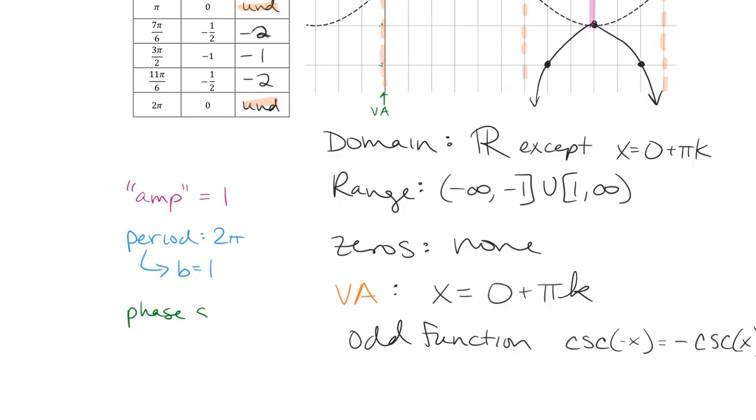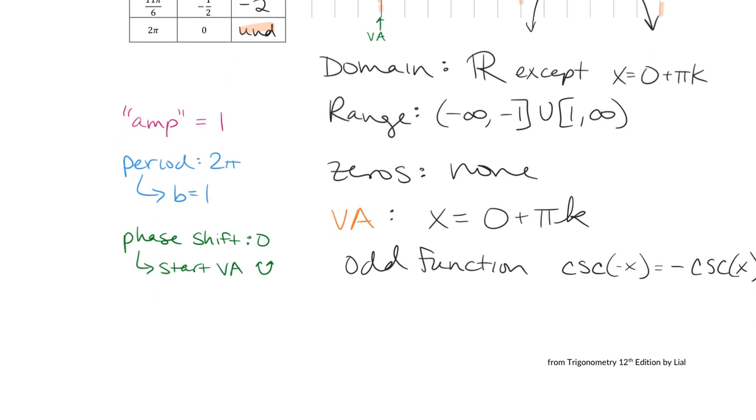For the parent function, again, we don't have a phase shift for this graph because it's the parent function, but what we learned is that the graph should start at a vertical asymptote, and the first bowl should be upward facing, and then downward facing, and upward facing, and then downward facing.